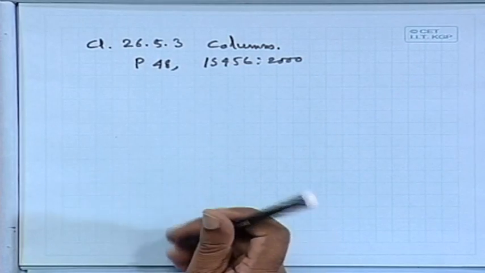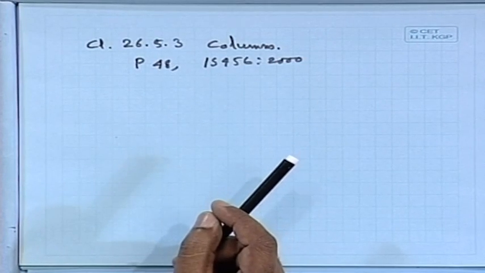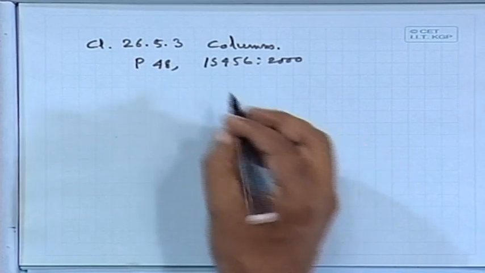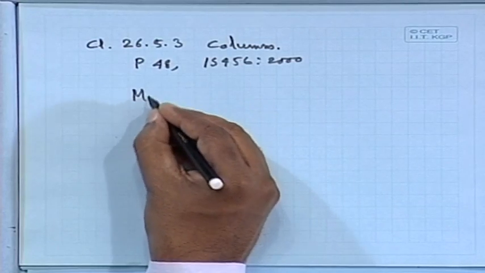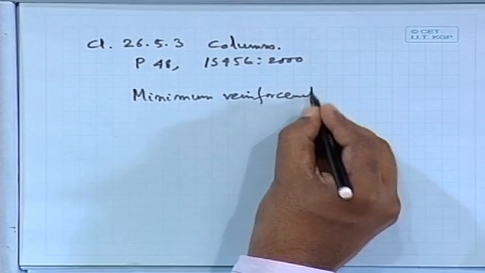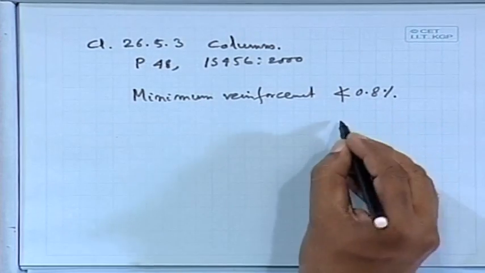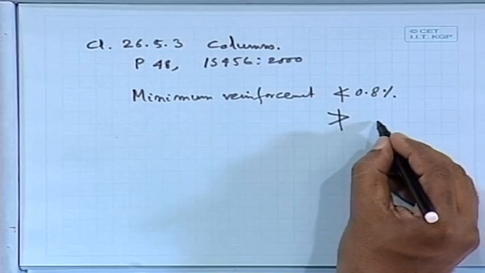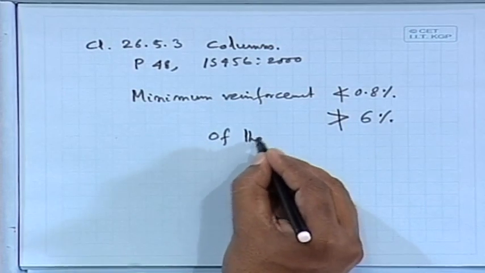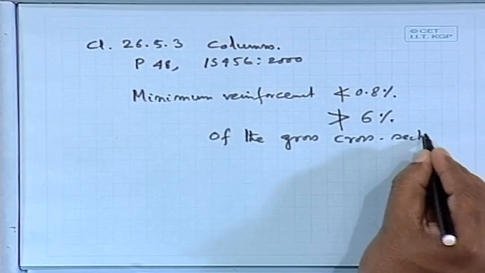So, what it says, the first clause: A, the cross-sectional area of longitudinal reinforcement shall be not less than 0.8%, minimum reinforcement, and not more than 6% of what? Of the gross cross-sectional area.